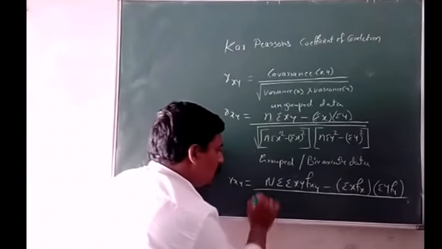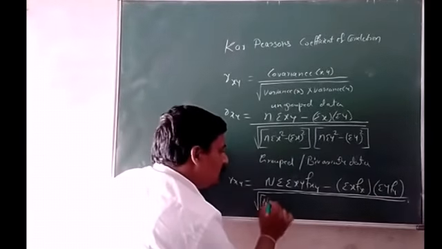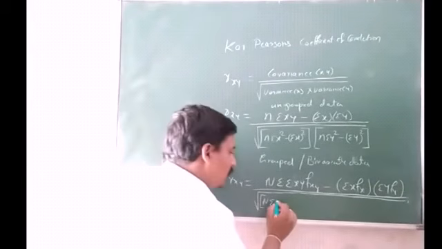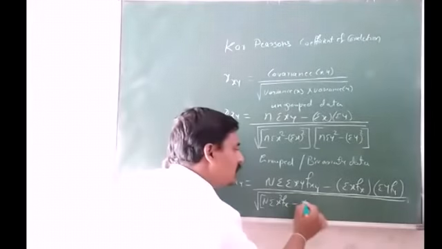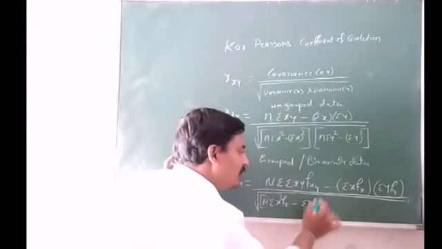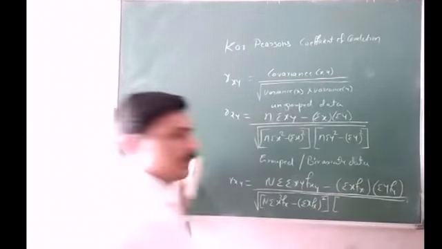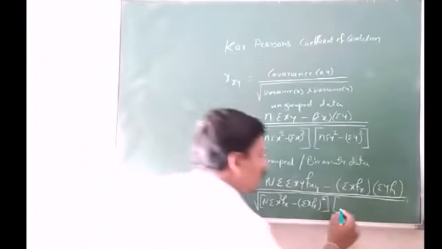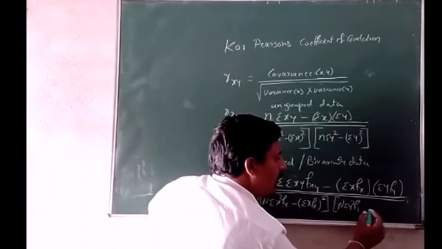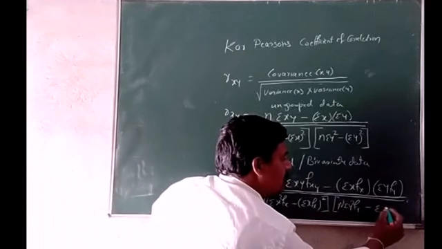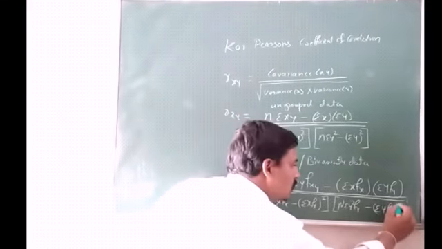Divided by root of n summation x square fx minus summation x fx whole square into bracket n summation y square fy minus summation y fy whole square.